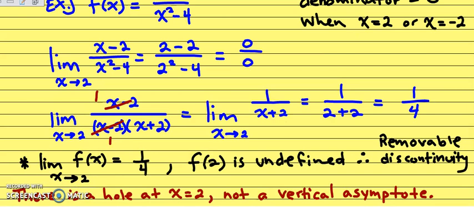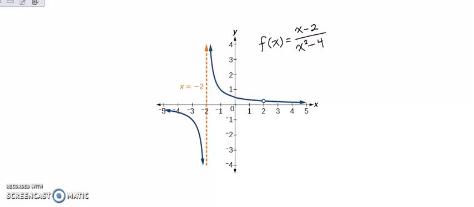Let's look at the graph for this function. You can see that we have a hole at x equals 2, but we still have that vertical asymptote at x equals negative 2. By the way, for the record, you do need to draw this graph. But why do we still have that vertical asymptote at x equals negative 2?